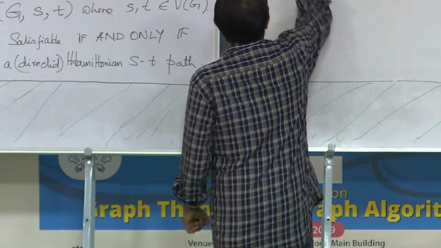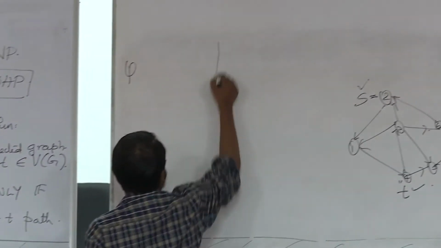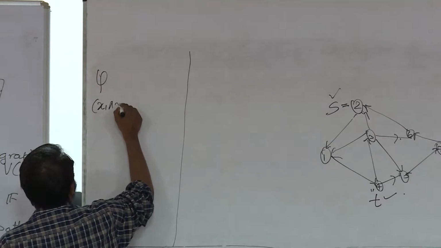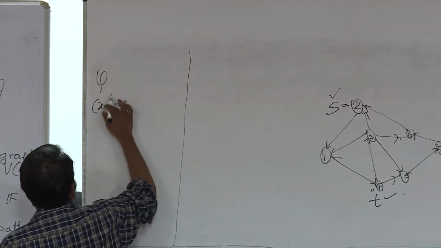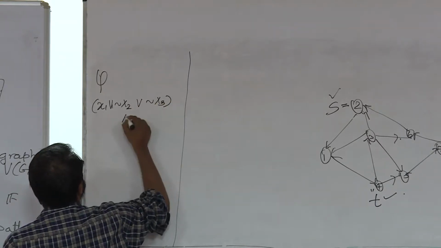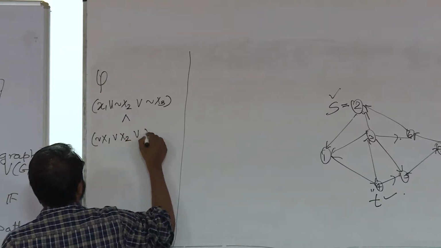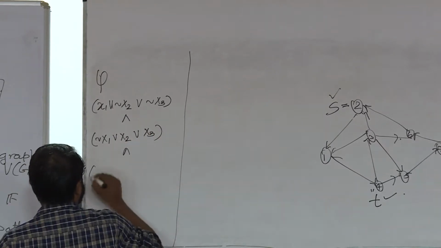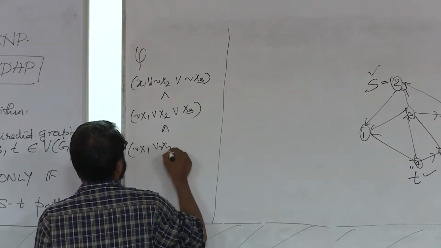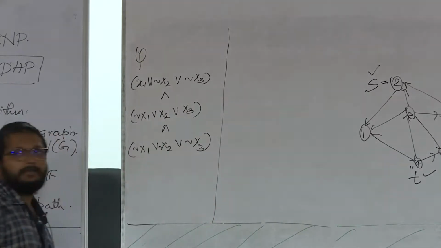So let us look at this formula phi. Typically, we take a formula in 3 variables, right. So, let us look at a formula like this, x1 and not x2, or ... let us look at a formula like this.